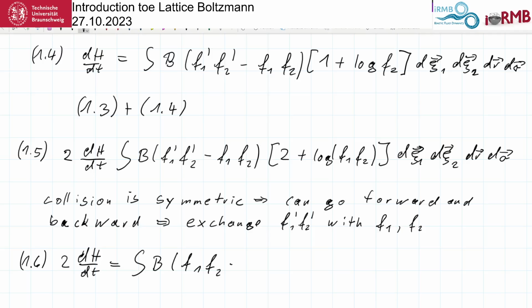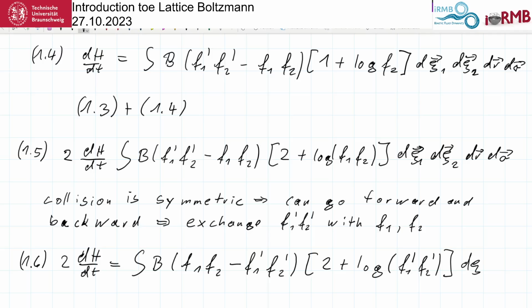Now loss and gain have changed places, and the difference here is now that the logarithm goes over f, the outcome of the collision, and again this is integrated over everything, and sigma.